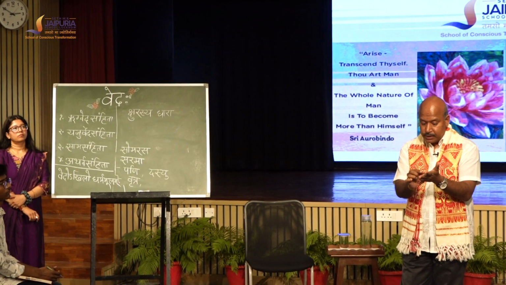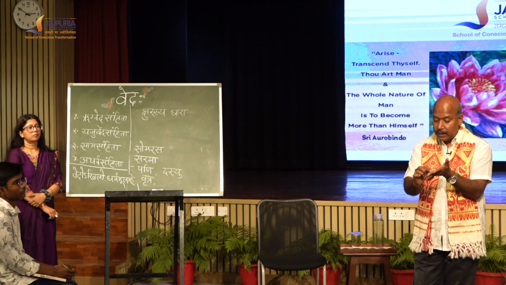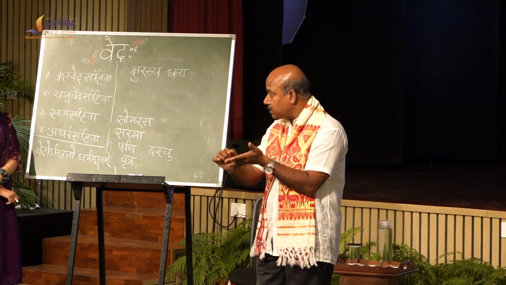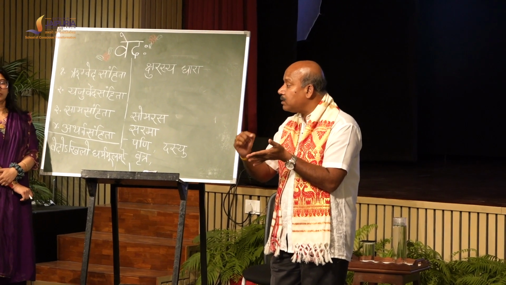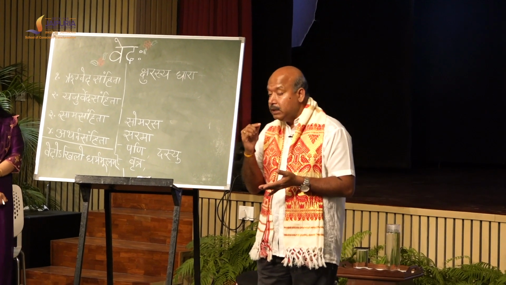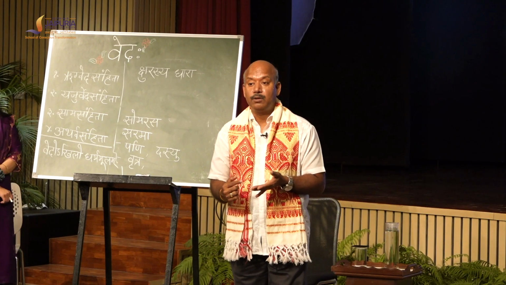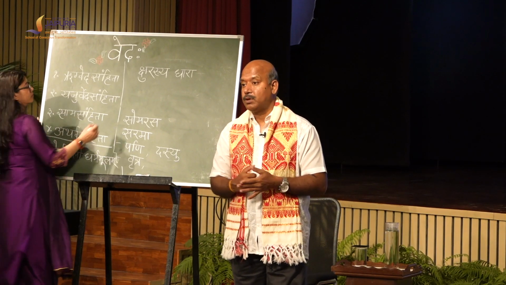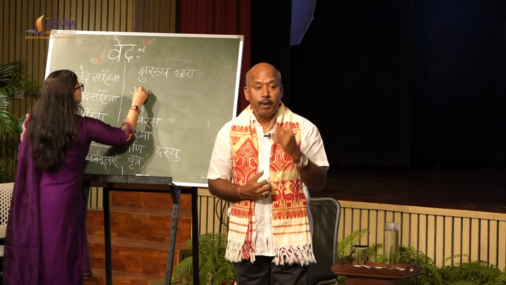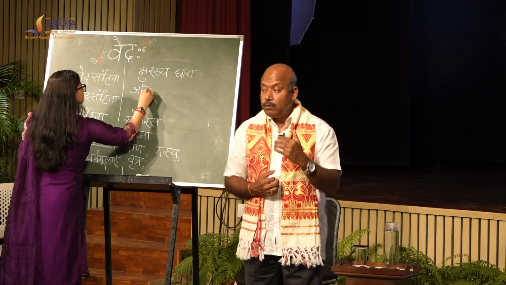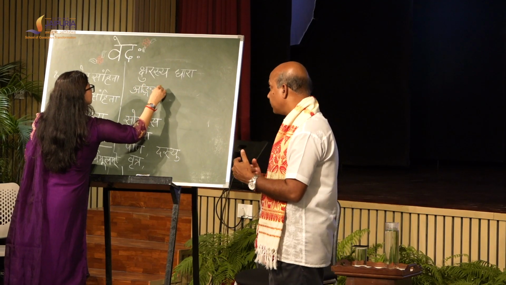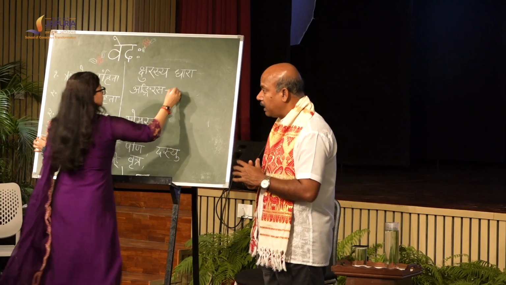Beside Angirasa rishi, you put a dash and write, they are the seekers of truth. They intensely seek for truth. They want to find out the truth, the truth of everything. So these are called Angirasa rishis.